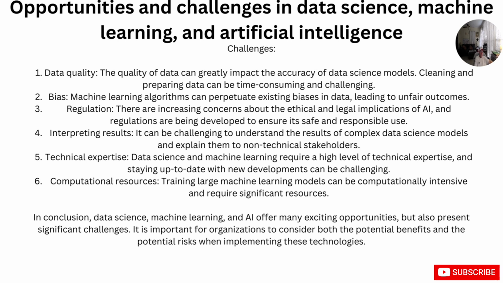Training large machine learning models can be computationally intensive and require significant resources. In conclusion, data science, machine learning, and AI offer many exciting opportunities, but also present significant challenges. It is important for organizations to consider both the potential benefits and the potential risks when implementing these technologies.